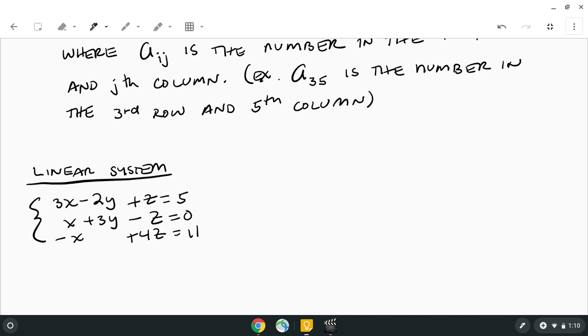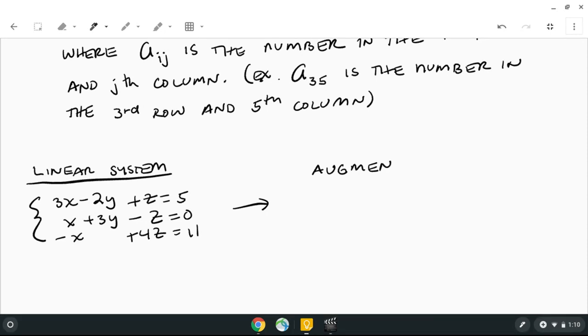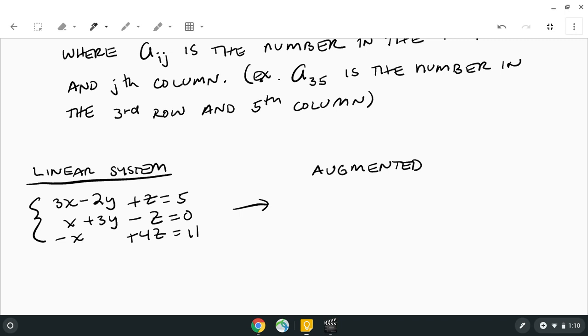We could easily translate this into what's called an augmented matrix. And from here, once we have this augmented matrix, we can do our solving by doing that Gaussian elimination on this matrix.